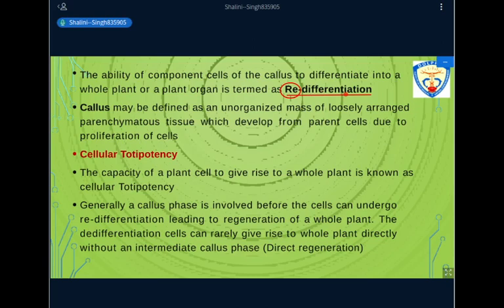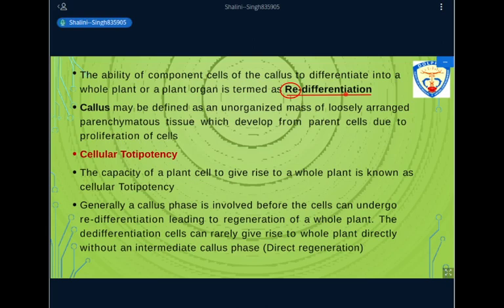In the previous step, you were sending yourself into a non-differentiated state that you know by the name of callus. And here again, you are making your callus cells differentiate into different plant parts, where you can see the different plant parts such as roots, shoots, leaves and stems.